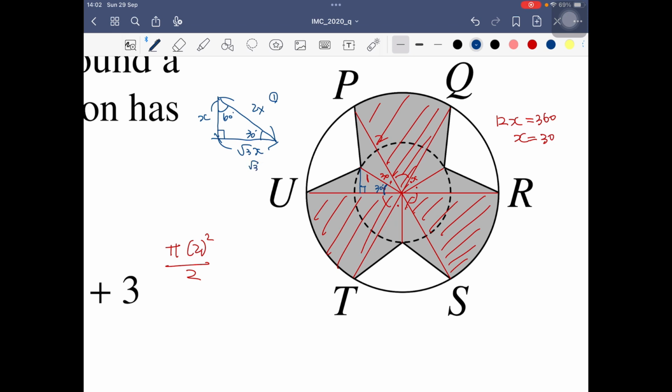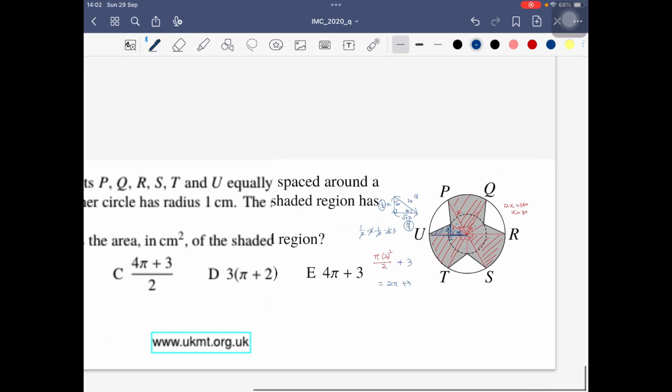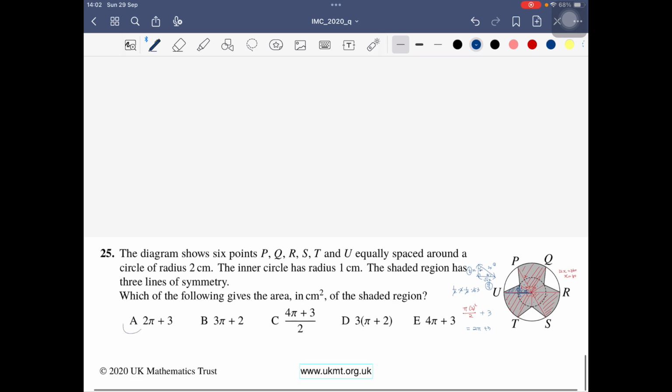So this height becomes 1 over 2, and the base is the larger radius, which is 2. So this triangle area is 1 over 2 times 2 times 1 over 2, and we have 6 of them, like this. So 2 pi plus 3. That's it.